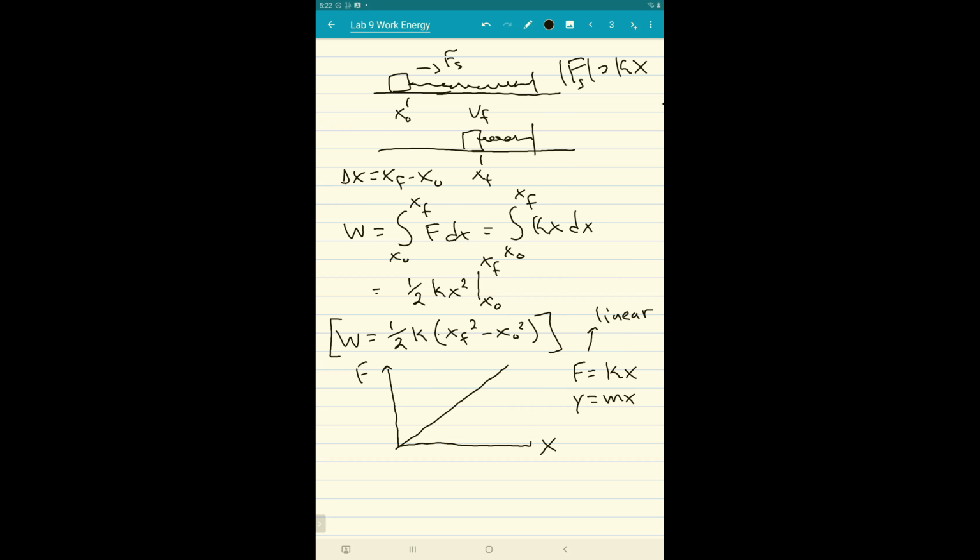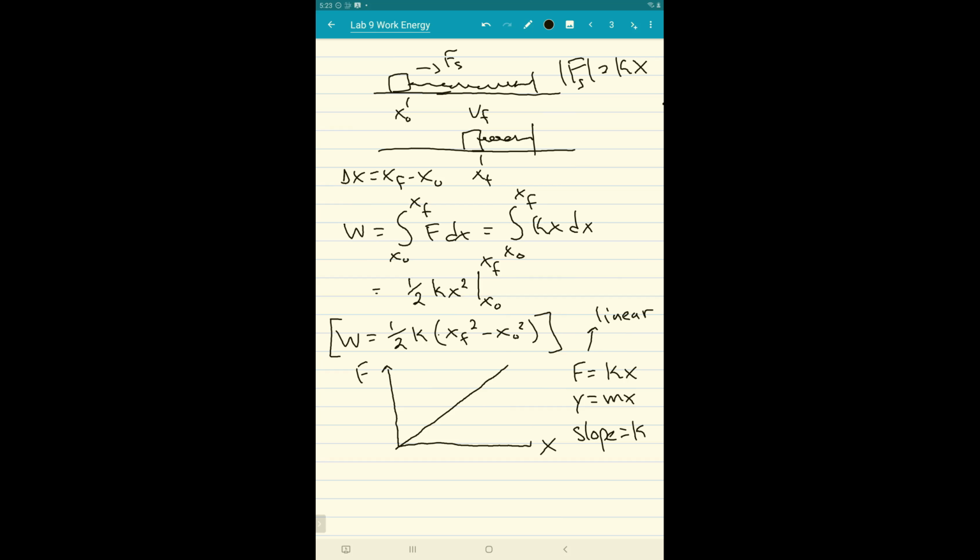So if you remember y equals mx plus b, you remember the m is your slope. Well, if you look at how that's analogous to our F equals kx, F is our vertical axis, x is our horizontal axis, so those are in the right position to make x and y. So the k must be our slope, right? Just by inspection, okay?